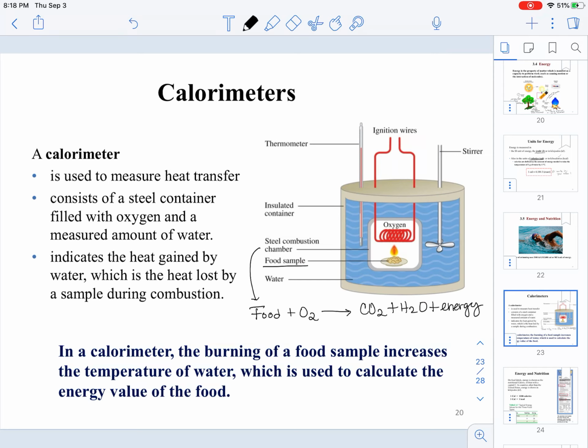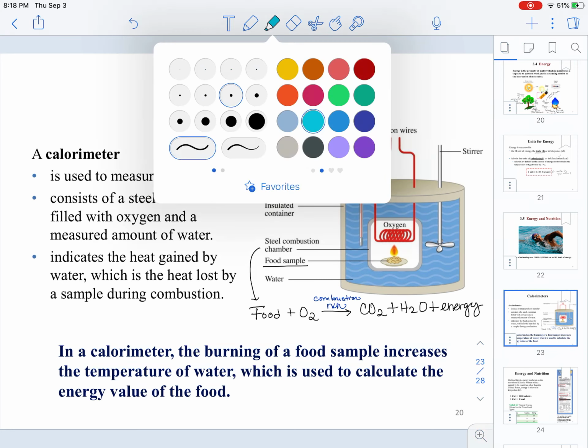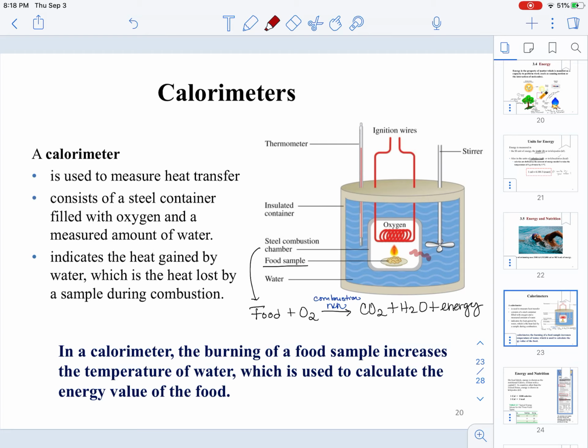And that energy can be calculated. How is it going to be calculated? Once your food undergoes this reaction, which is called a combustion reaction, what is going to happen overall is that heat is going to be generated at the combustion chamber.